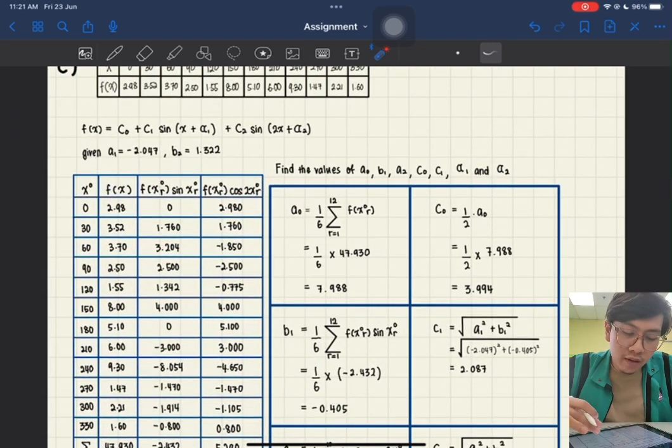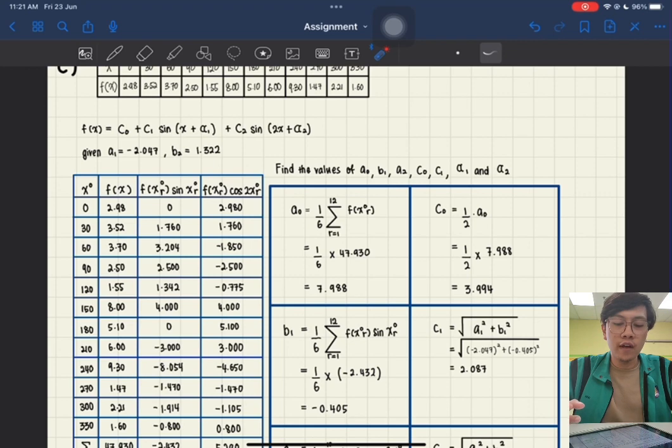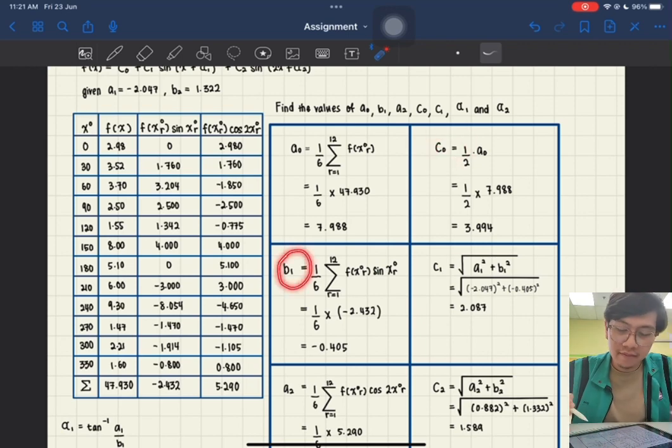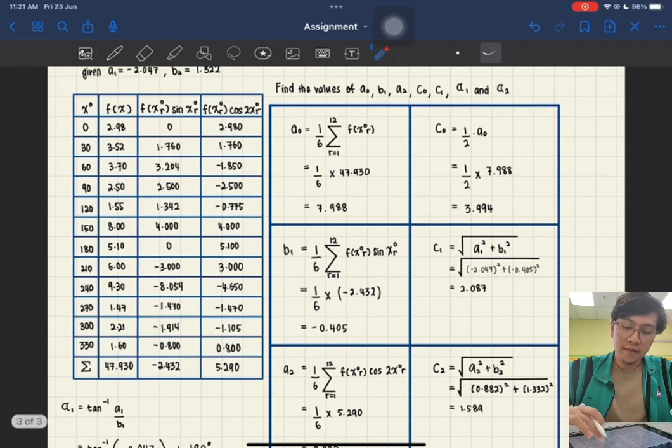Then we need to find the values of A0, B1, A2, C0, C1, alpha 1 and alpha 2. So this is the equation and the formula for A0, and this is for C0, B1, C1, A2 and C2.